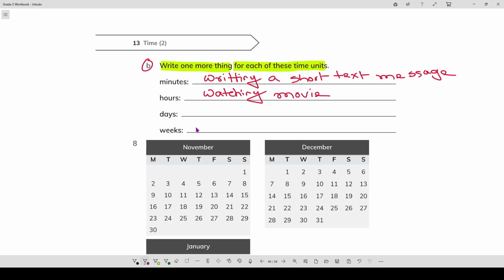Days: suppose you order something to outside the city, it needs more than days, or at least 1 day. So we can write waiting for a parcel to arrive.